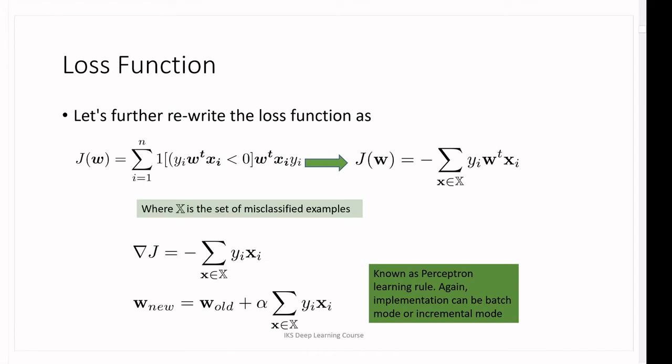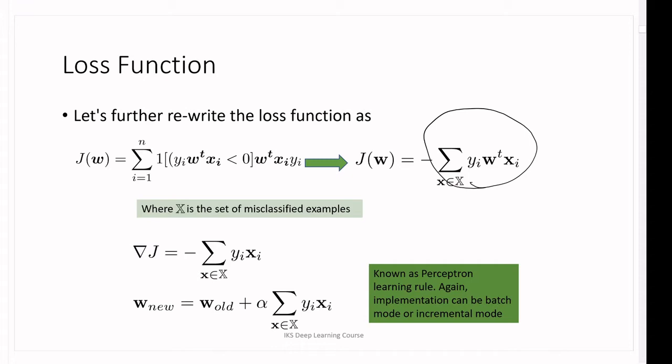So what we do is we basically make another small modification and rewrite our loss function as shown in the top expression. And if you carefully pay attention to this expression, you will find that it is defining a loss function where we calculate the summation of this over those examples that are being misclassified.